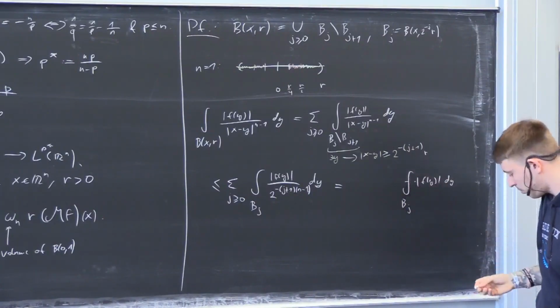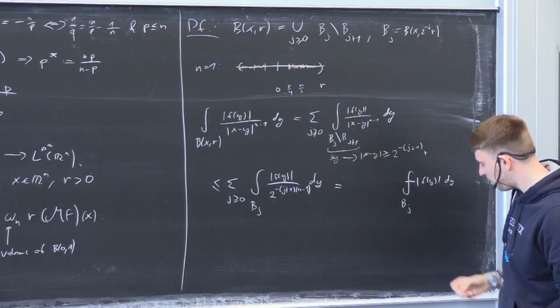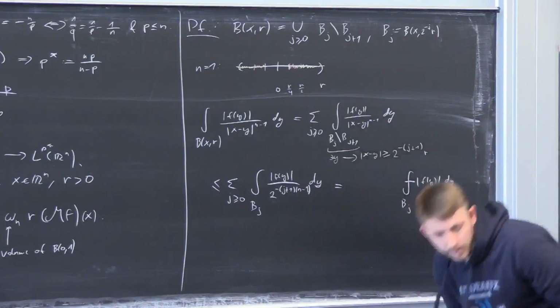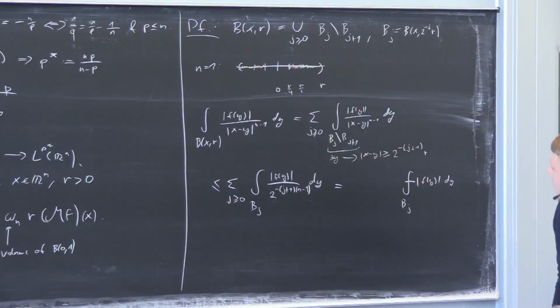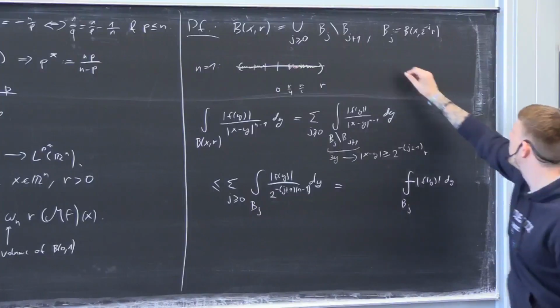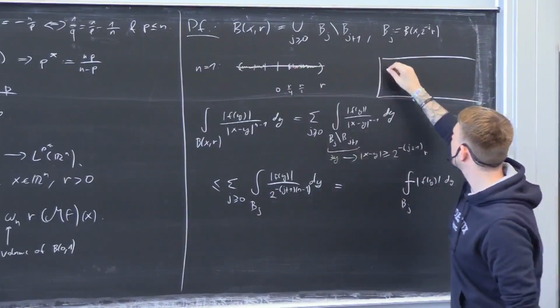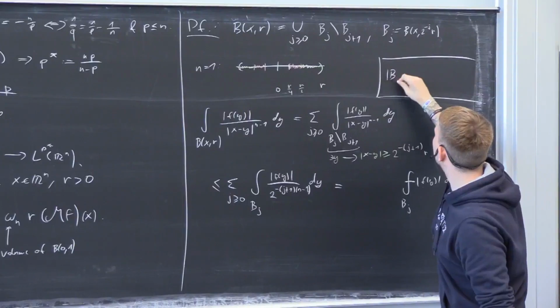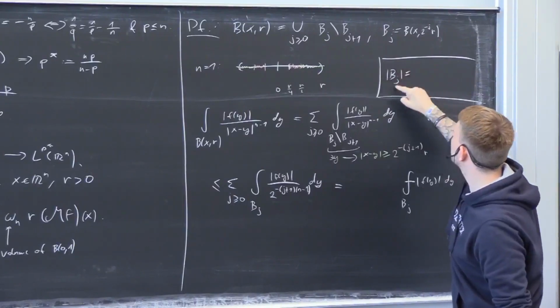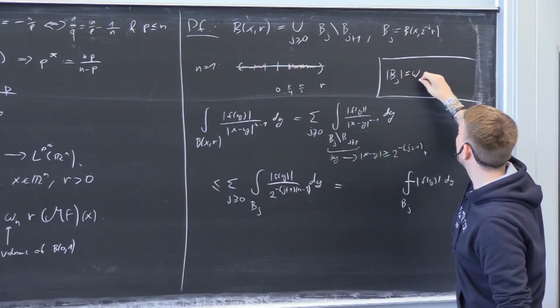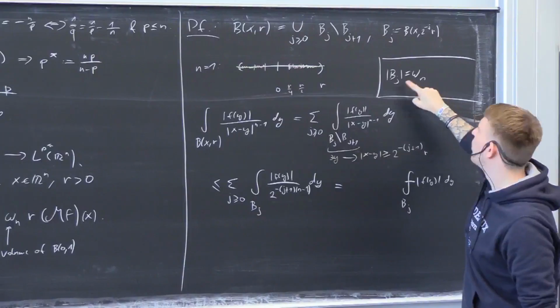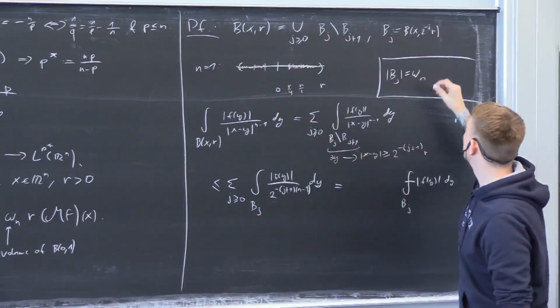So I introduce here some average. That's maybe a short reminder for our calculation. What is the measure of bj? It's just the measure of the unit ball times the radius of this ball to the n.